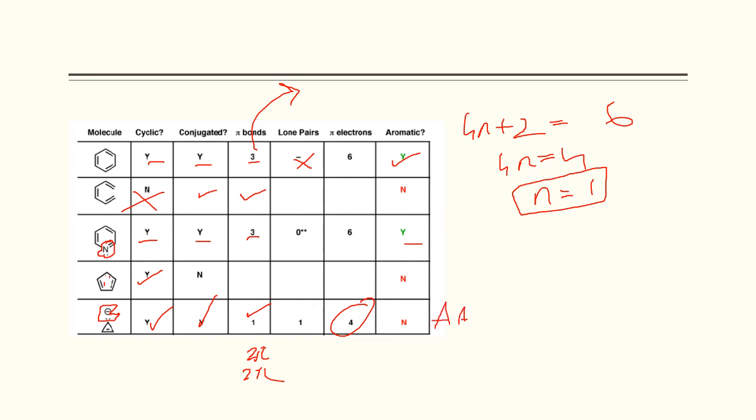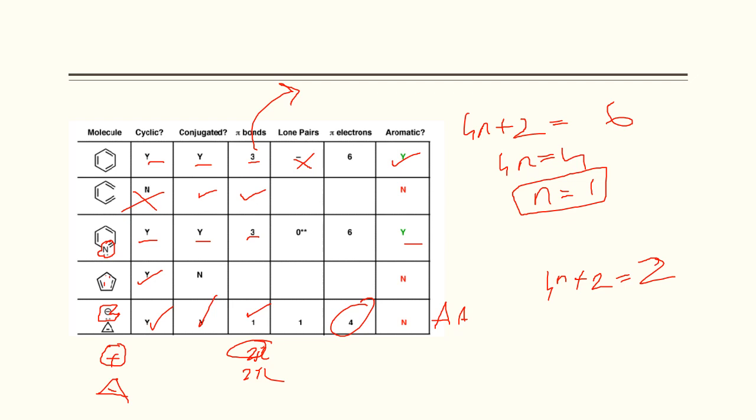Anti-aromatic. If here I had taken cyclopropenyl again, but this time with a positive charge, if it's a carbocation, the positive charge will not be counted. So it will have only 2 pi electrons. So 4n plus 2 is equal to 2.